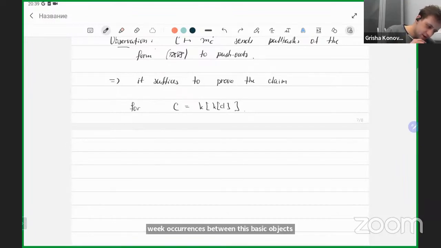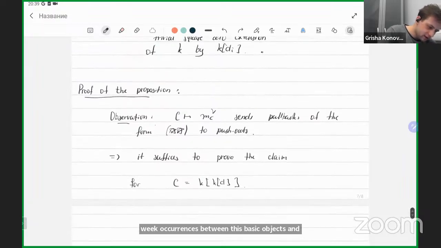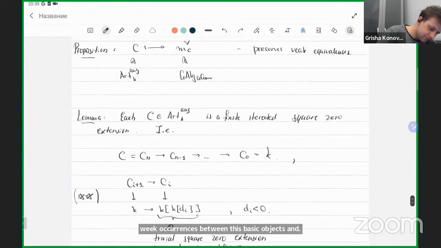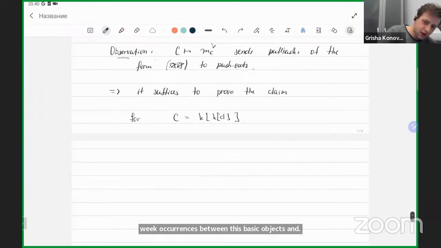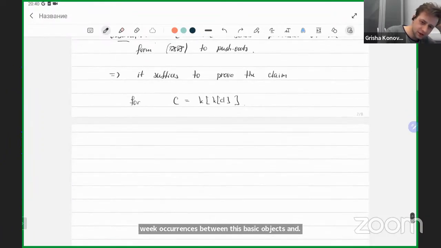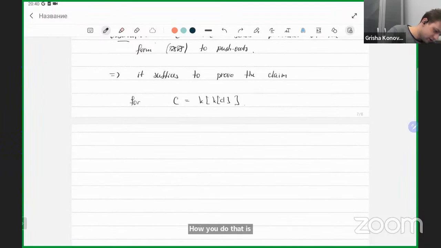And how you do that is basically you just observe what happens to this object when you apply the functor.